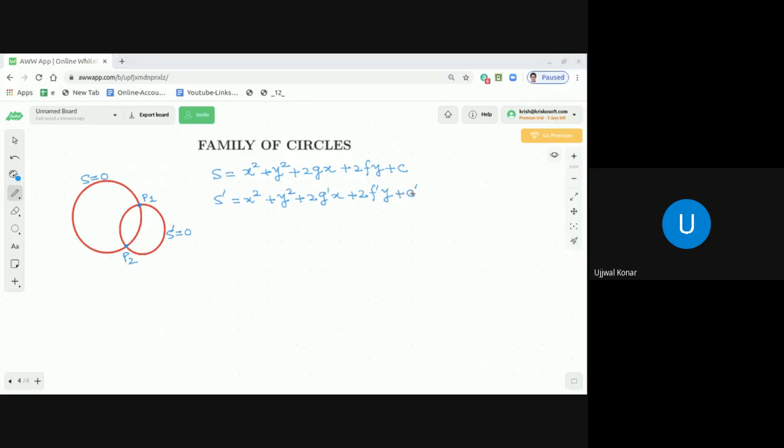As I said a minute back, you can construct an infinite number of circles passing through the point of intersection of these 2 circles.